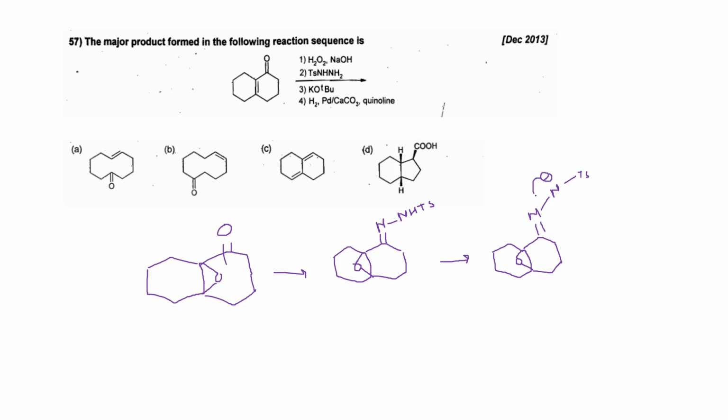Now, this will come here. Opens up this epoxide. There is a double bond and a double bond between nitrogen and nitrogen.